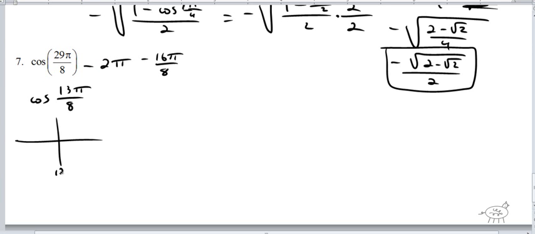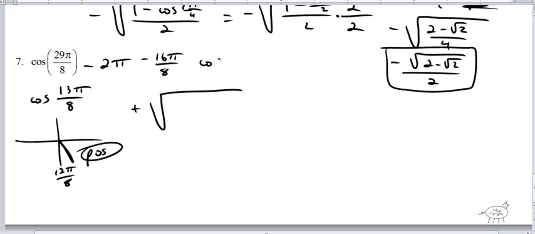Well, this is 12 pi over 8. So 13 pi over 8 is right here. So the sign is positive. So it's positive square root. Well, remember it's cosine of 13 pi over 4 over 2. Okay, so that's going to give you plus the square root of 1 plus cosine of 13 pi over 4 over 2.